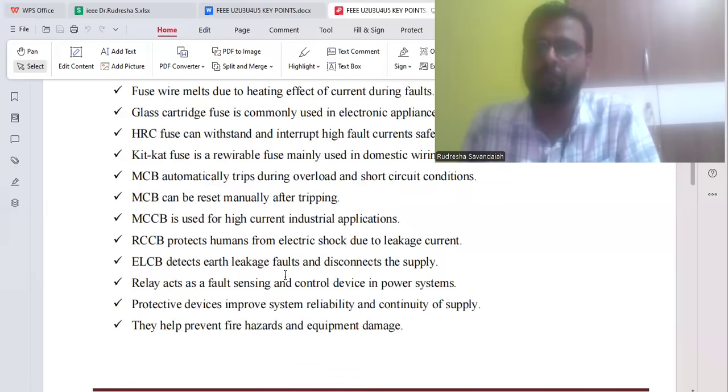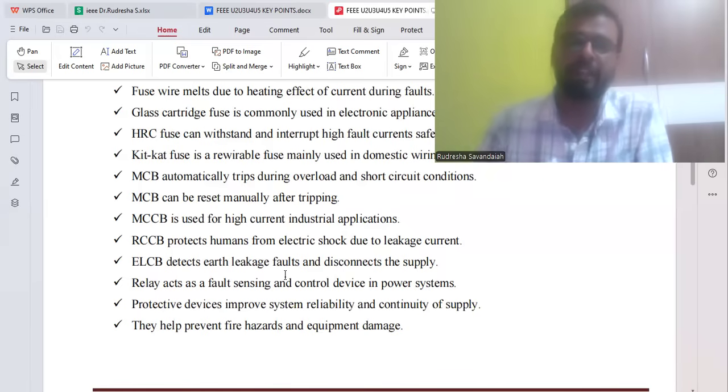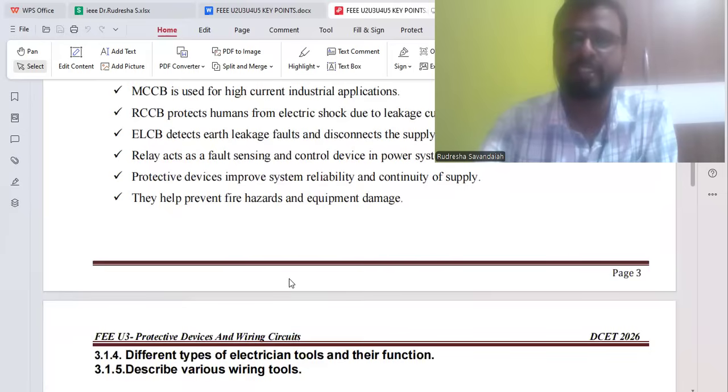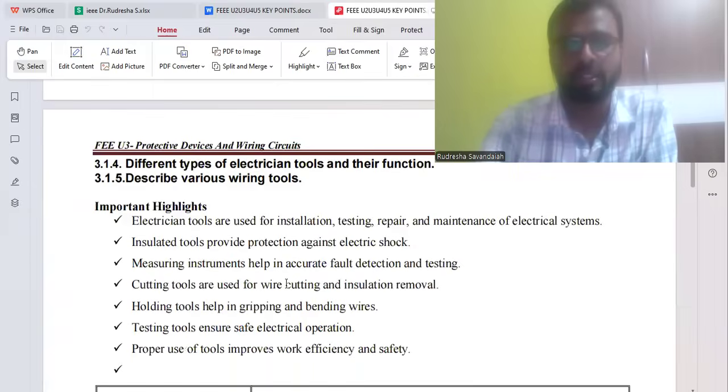Relay acts as a fault sensing and control device in power systems. Protective devices improve the system reliability and continuity of supply. They help prevent fire hazards and equipment damage.